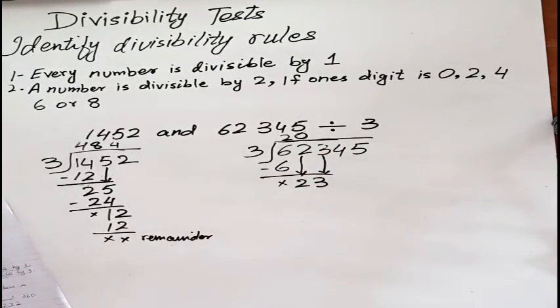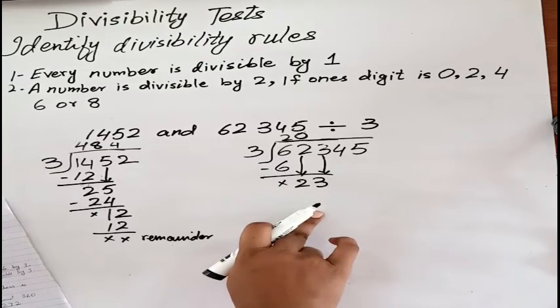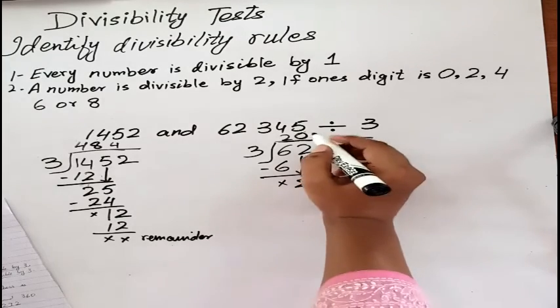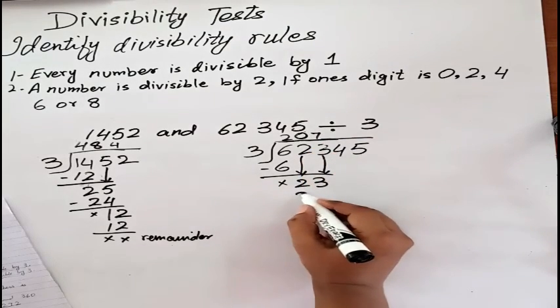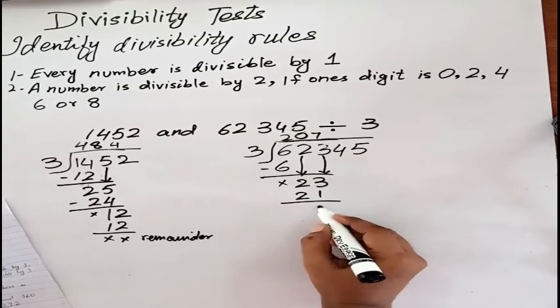And then divide 23 with 3. 23 is not coming in the table of 3. 21 is coming, and 21 is lesser than 23. 3 7s are 21. So 23 minus 21 is 2.